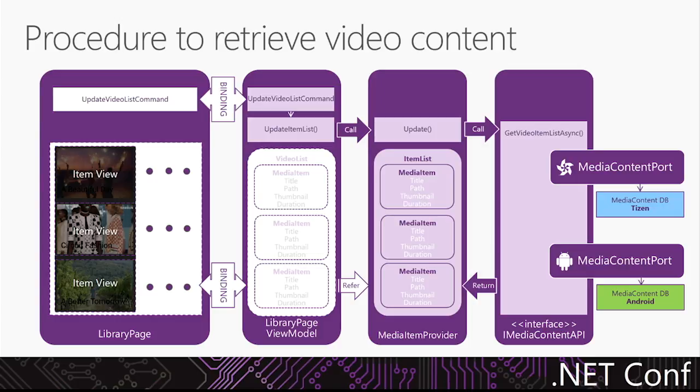So it's very similar to Android. In Android, we usually make a video content URI, then pass the URI to the content resolver, right? Then the content resolver returns the list of the data that has been asked for.